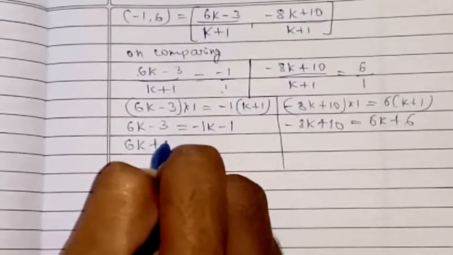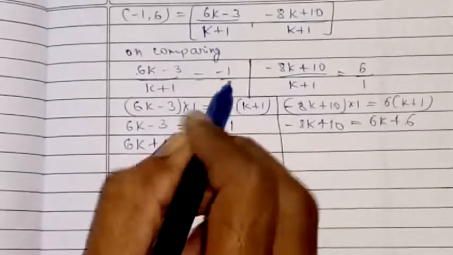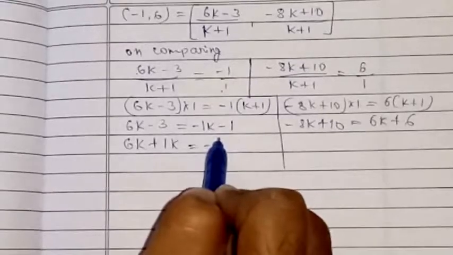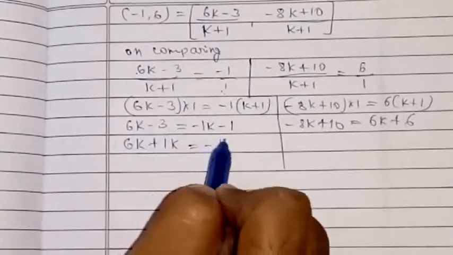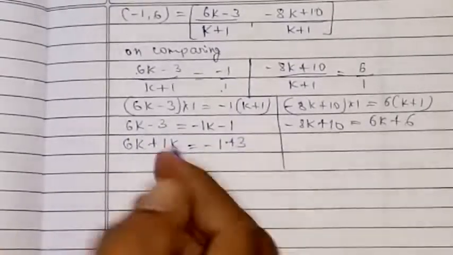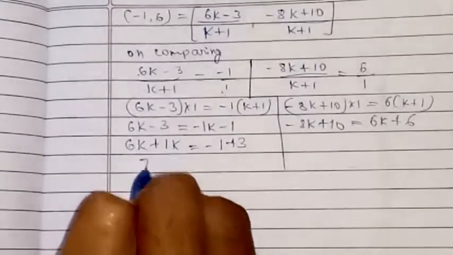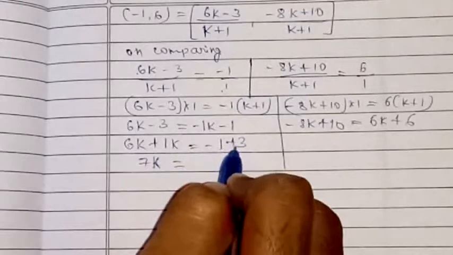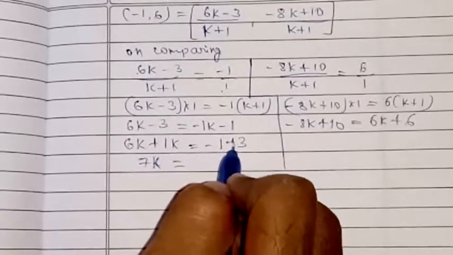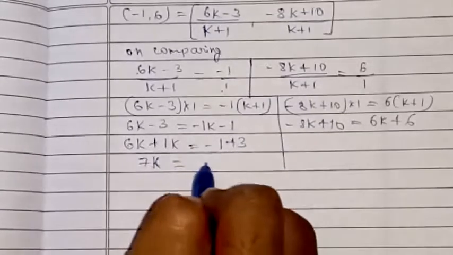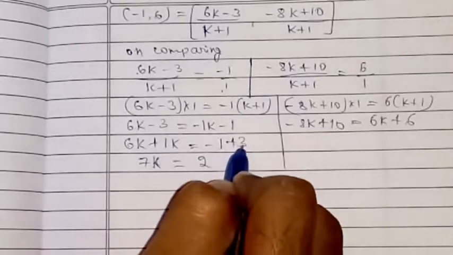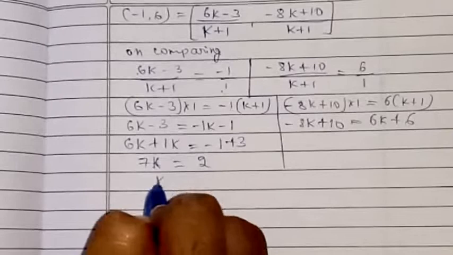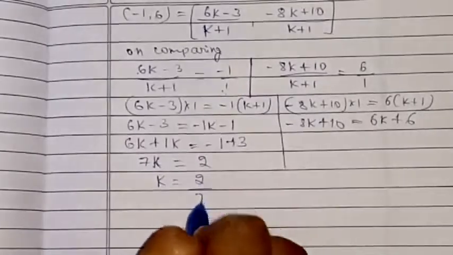So therefore plus 1k is equals to minus 1 will be there as usual, and if you send minus 3 to the right hand side it will become plus 3. So therefore 6k plus 1k, it's 7k is equals to, minus into plus is minus, so therefore you need to subtract. So 3 minus 1 is 2, sign of the biggest number is 3, sign is plus, therefore plus 2. So nothing but k value is 2 by 7.